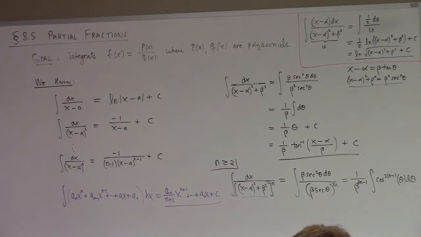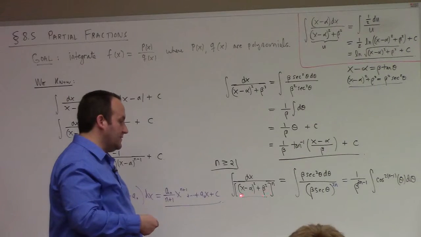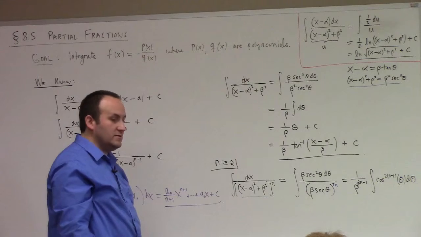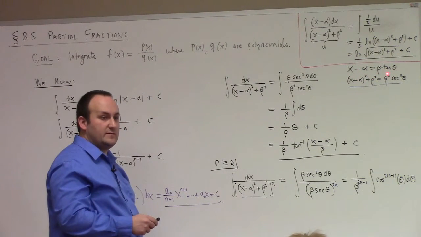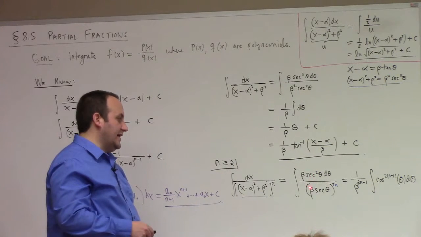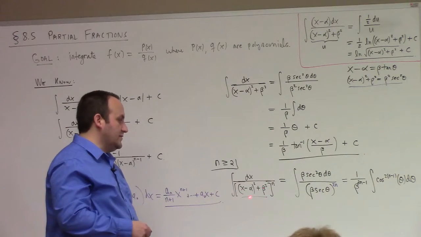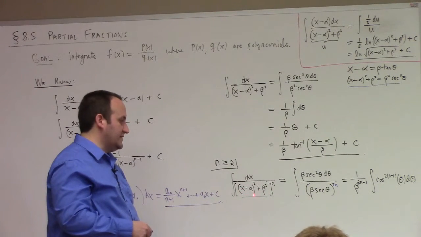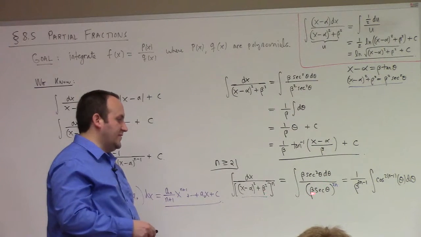But there's more. If we took an irreducible quadratic, a prime quadratic if you like, and we raised it to the nth power, where n is some power greater than or equal to 2, I can make the same trig substitution as I did on the last one. And when I do that, I get still dx is beta secant squared. What's underlined in blue is beta squared secant squared. So when I raise that, this is the same as beta secant theta to the 2n power.